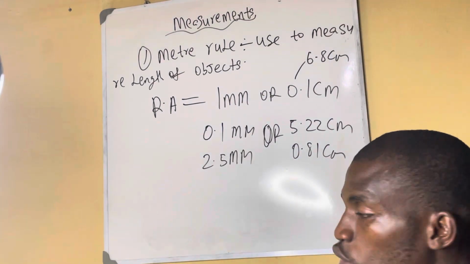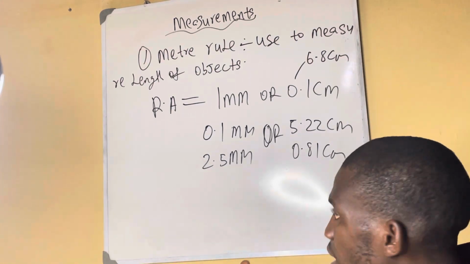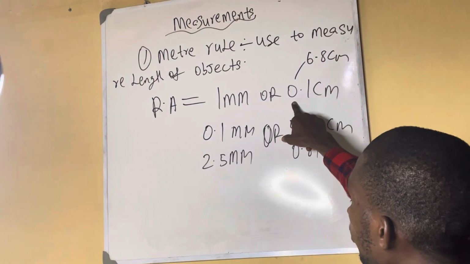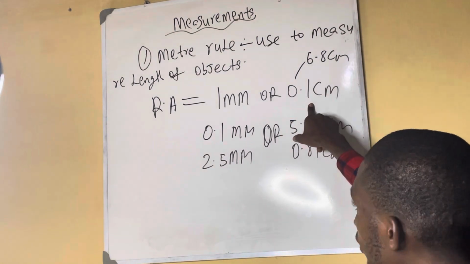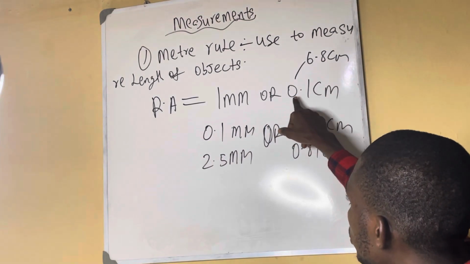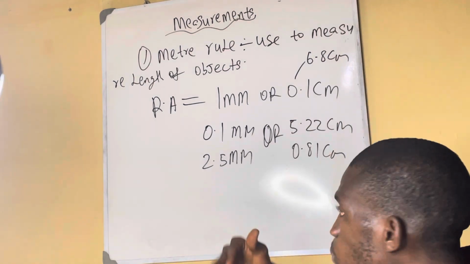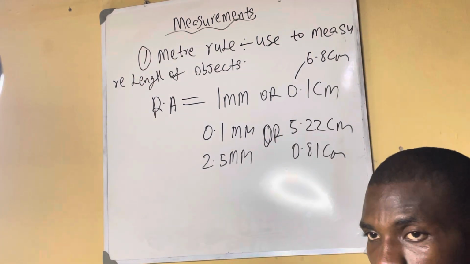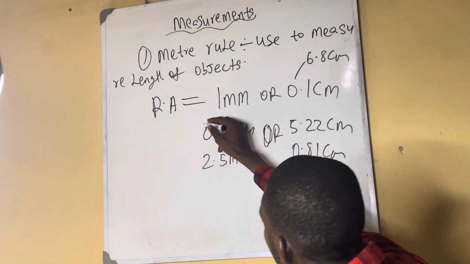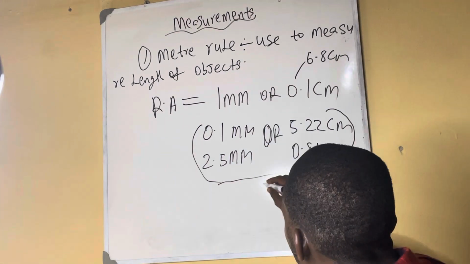You should not have something like 3 point something in millimeter. For centimeter, it should be one number, point, one number. Do you understand? Something like 6.4, 8.2, or 0 point something. It should not exceed one number after the point. Do you understand? So that's what it means. These two are an error.